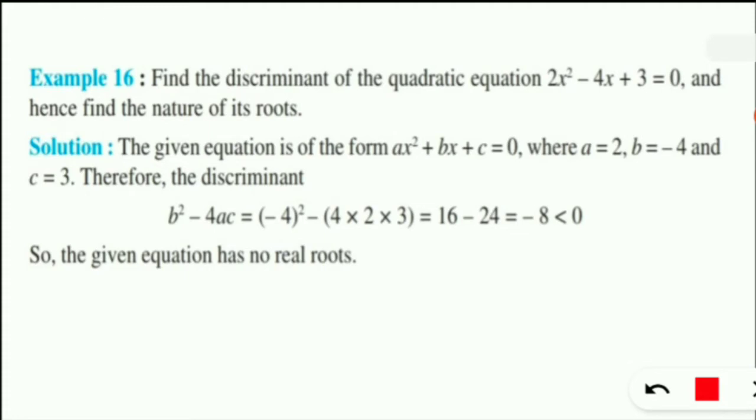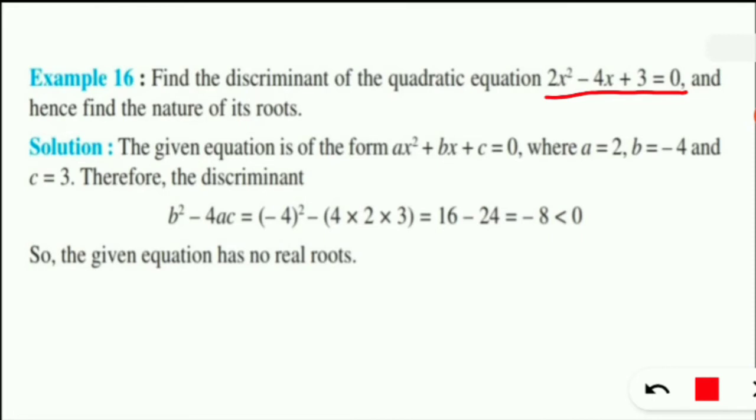Now an example: find the discriminant of the quadratic equation 2x square minus 4x plus 3 equals 0, and hence find the nature of its roots. Clear?